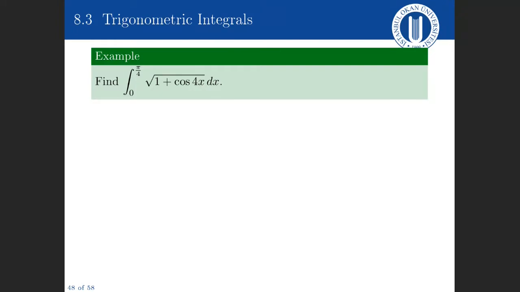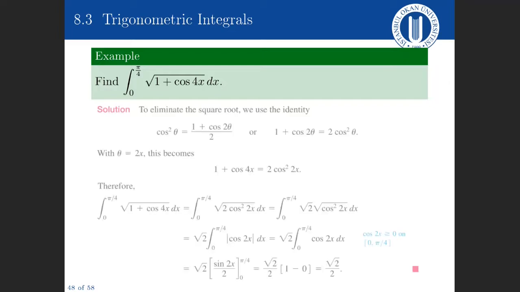Find the integral from 0 to pi over 4, square root of 1 plus cos 4x dx. The first thing is we need to get rid of the square root.